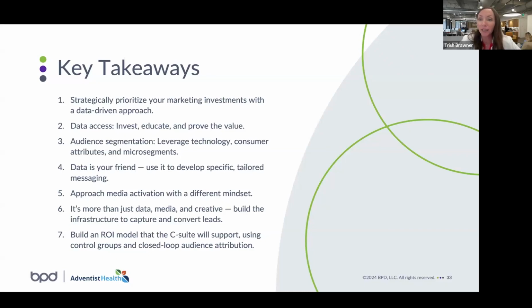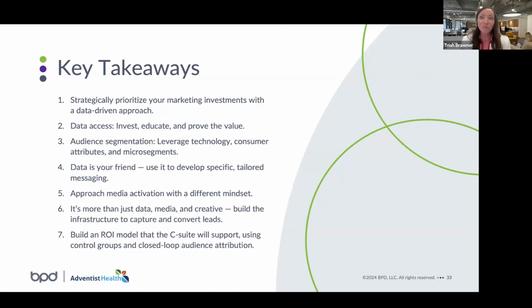So really embrace the data, leverage the technology to understand those consumer attributes, and then eventually create those micro segments. And then the next one, data is your friend. As you're developing messaging and the creative assets, really use the data and those insights and all of those rich nuggets that you have about your audience to create that very tailored messaging and tailored creative assets.